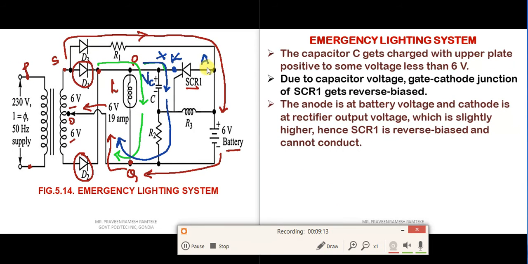The anode is now at the battery potential, and the cathode is at the rectified output voltage, which is slightly higher. Why is the cathode slightly higher than the anode? Because the battery is charging. Okay, so the SCR is reverse biased and will not conduct.